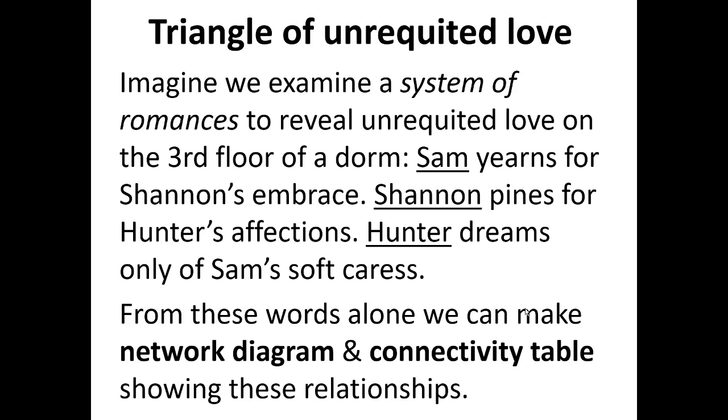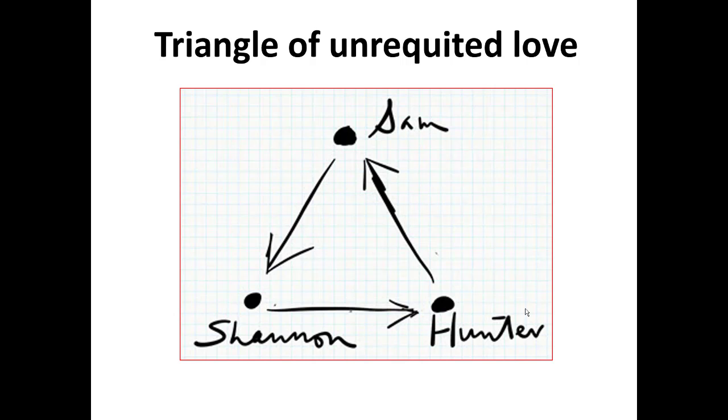So from these words alone, we can then make a network diagram and a connectivity table that show these relationships. And because we get to draw, that is one of the things I really like about this. With this diagram, we see, actually it's a graph. With this graph, we see a system of unrequited love.